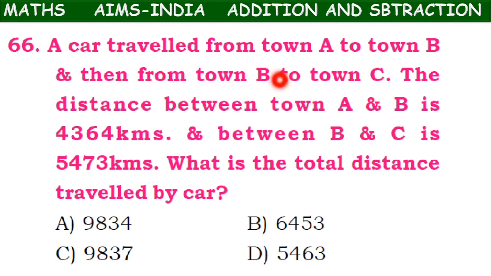Now moving on to question number 66. A car travelled from town A to town B and then from town B to town C. The distance between town A and B is 4,364 kilometers, and between B and C it is 5,473 kilometers. What is the total distance travelled by the car?